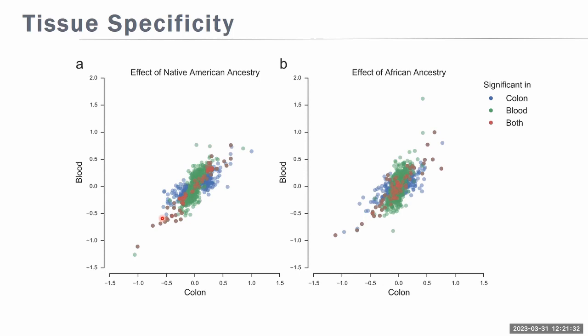We see very large correlations in estimated effects between the two tissues, and also large overlap in the identified DNA methylation sites. So again, for these tissues, there's not much tissue specificity for these sites.